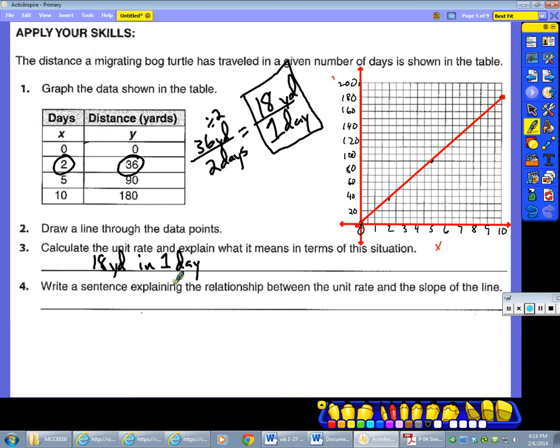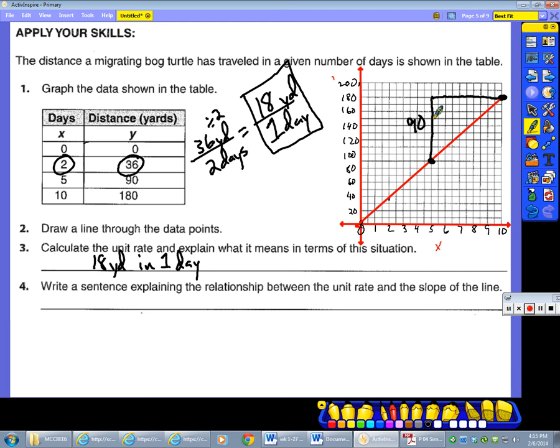So I'm going to write a sentence explaining the relationship between the unit rate and the slope of the line. Now this slope right here, you can pick any 2 points. Like I can pick this point right here and this point right here and count my rise up and count my run over. Okay, so from 90 all the way up to 180, that has a rise of 90.